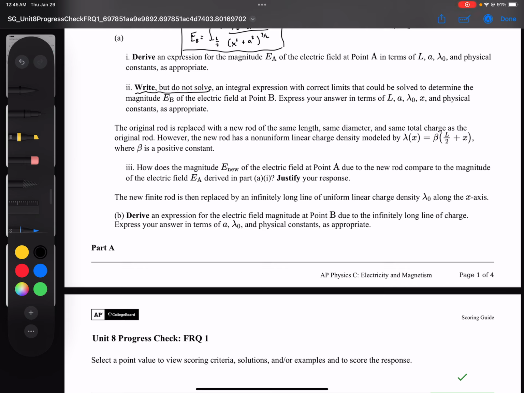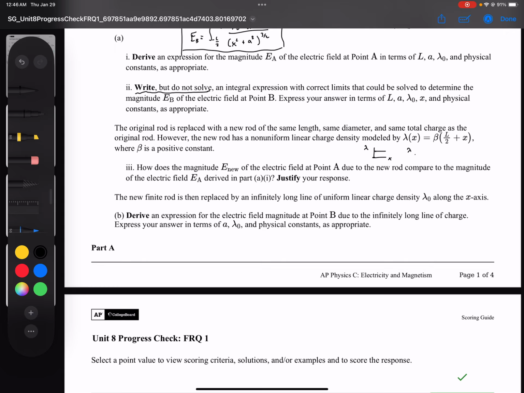Justify your response. All right, so I think the easiest way to think about this is, well, let's think about how the charge is distributed, right? So for the first rod, it was uniformly distributed. I can even draw a little plot of the original charge distribution with respect to x, and we saw it was a continuous charge distribution. Now it has the same charge, except we're just shifting some of the charge to the right.